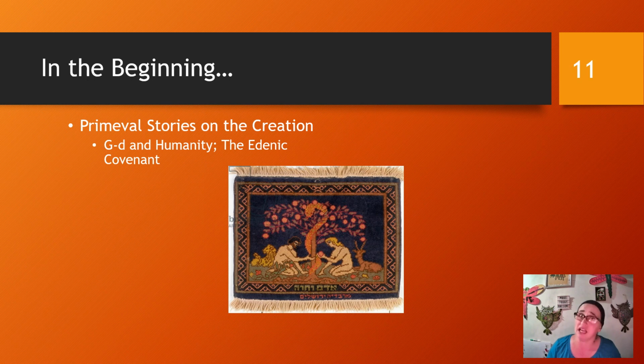So in the beginning, which is a great place to start, Genesis, the first section of Genesis is really primeval history. So Genesis 1 to 3 involves the creation of man according to Jewish tradition. You may have come across the story that within 7 days God created the earth, he created animals, and then he created humans to inhabit the earth.